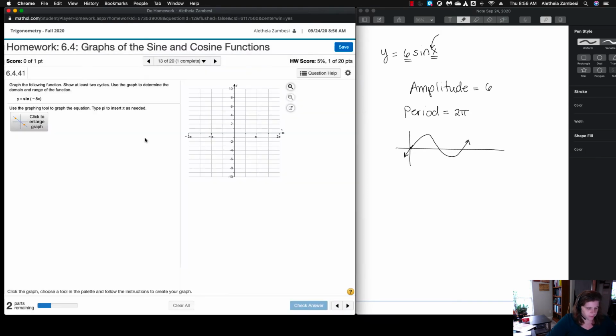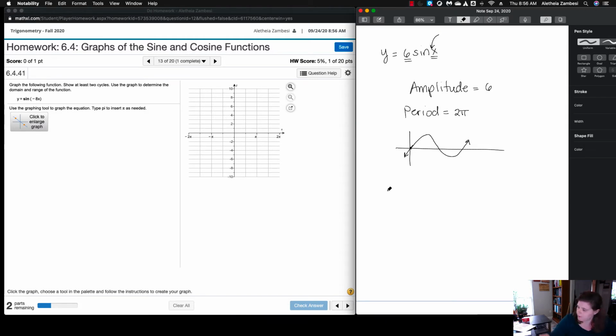Next question, moving on. Similar thing, except we have a reflection here and our period is different. So we have to first find the period. Our next function here is y is equal to sine of -8x.